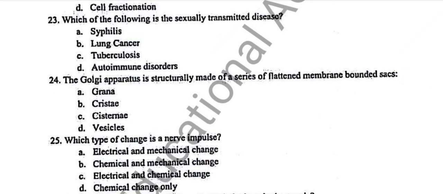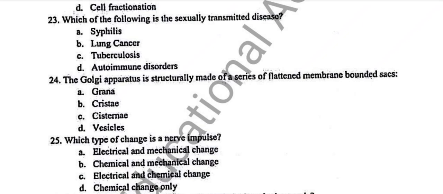Question number 24. The Golgi apparatus is structurally made of a series of flattened membrane-bound sacs. A. Grana. B. Cristae. C. Cisternae. D. Vesicles. And the correct option is C. Cisternae.